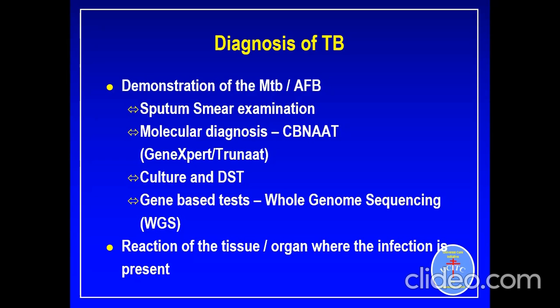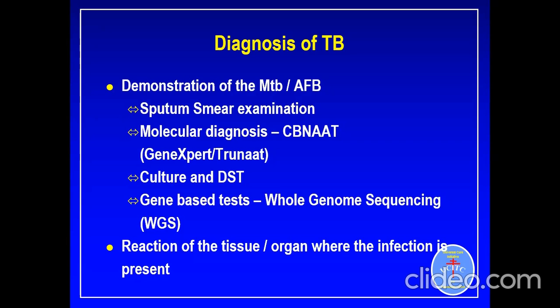And the newer tests are the gene-based tests, the whole genome sequencing, which is still in the infancy stage in India. However, in the Western countries, especially in the European countries, they are using whole genome sequencing as the basis of their diagnosis. And the second is a sort of surrogate diagnosis of tuberculosis, looking at the reaction to the presence of Mycobacterium tuberculosis in the tissue where the infection is present.